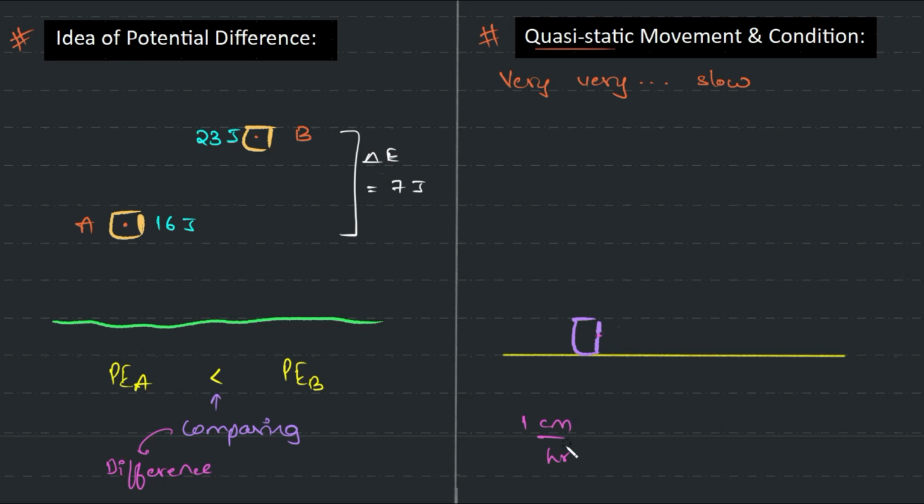It's there, it has to be there. By the way, we are taking a frictionless surface, so there's no friction between the object and the surface. For a very, very slow scenario, I just need a very, very small force, right?